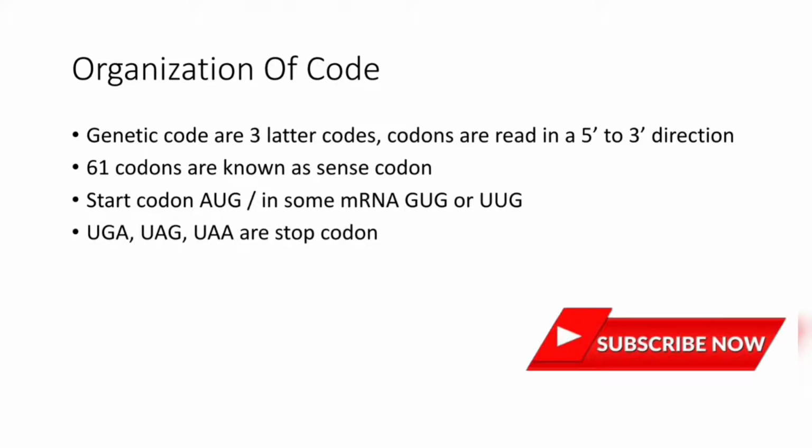The stop codons are UAA, UAG and UGA. Stop codons signal the termination of polypeptide synthesis by binding release factor, signaling release of the polypeptide chain. In some cases, UGA and UAG also encode an amino acid.